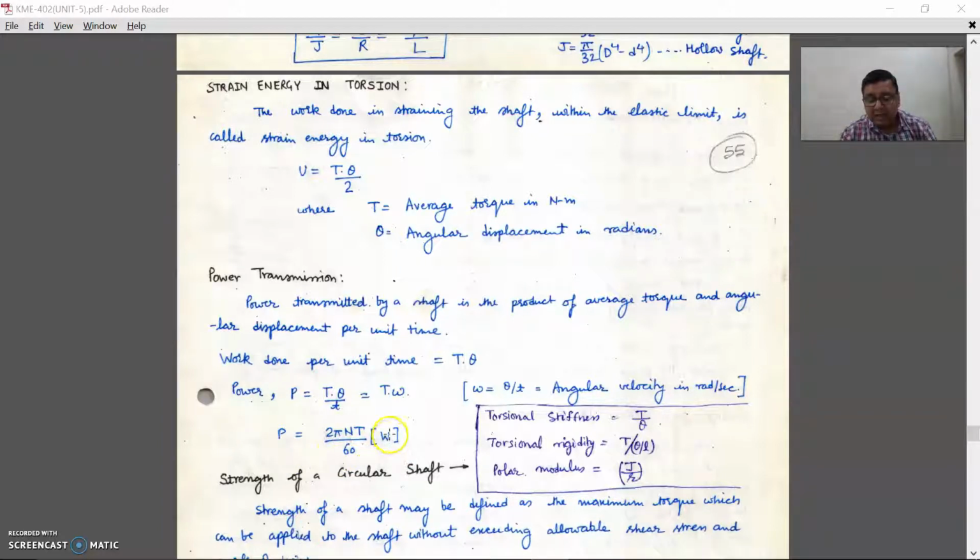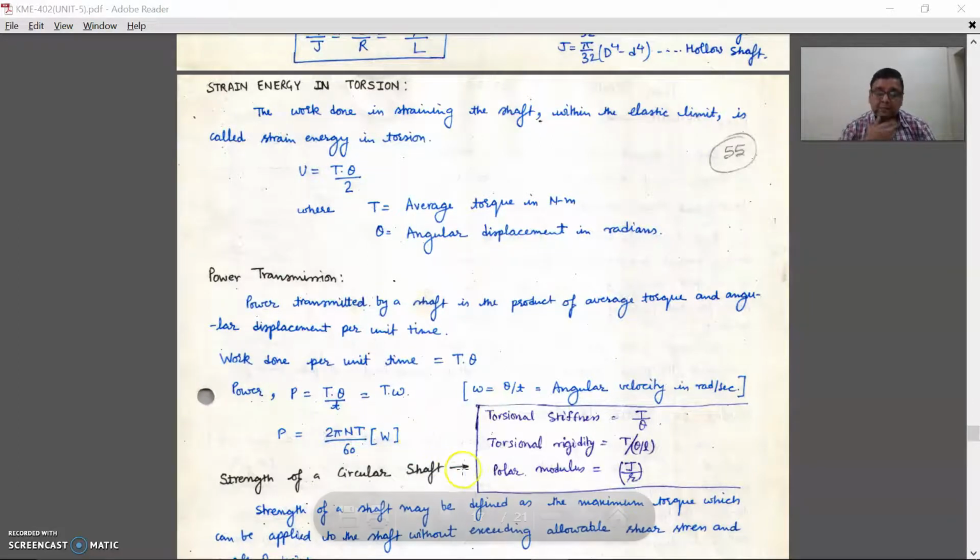Watt means Newton meter per second, and in this N is in revolutions per minute, which has to be converted, so we need 1 minute is equal to 60 seconds. That is why we divided this entire term by 60, so that we can get the power transmission rate in terms of seconds. So that is why we have done 60, and in this case we will put N as RPM only.